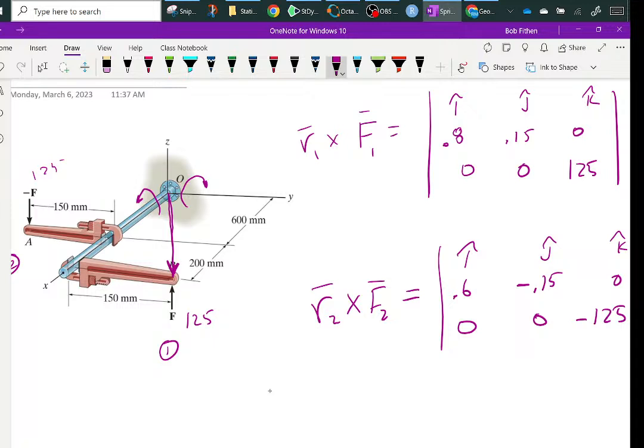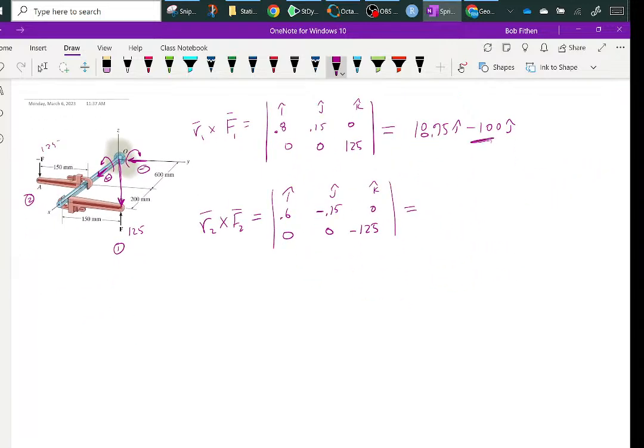So, if you think about it, this twist is going to be, okay, you take your hand, you roll it that way. This twist has a vector that goes this way, and this twist has a vector that goes that way. So it's minus in the y and plus in the x.